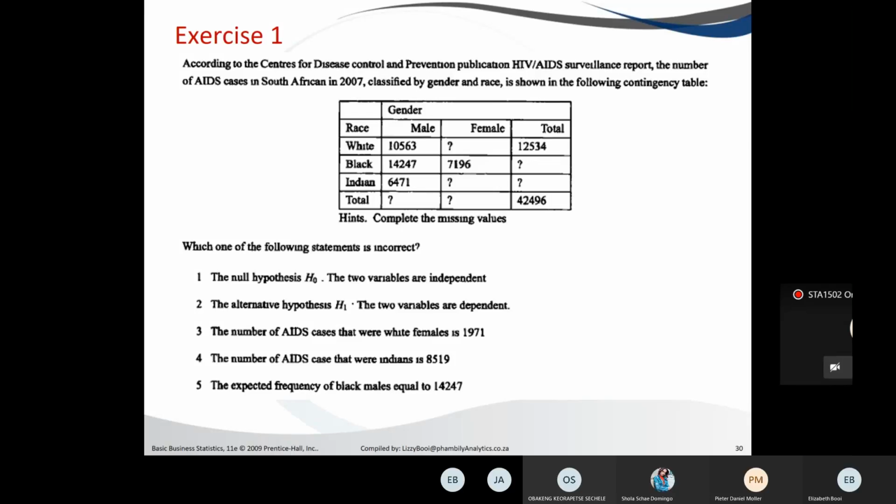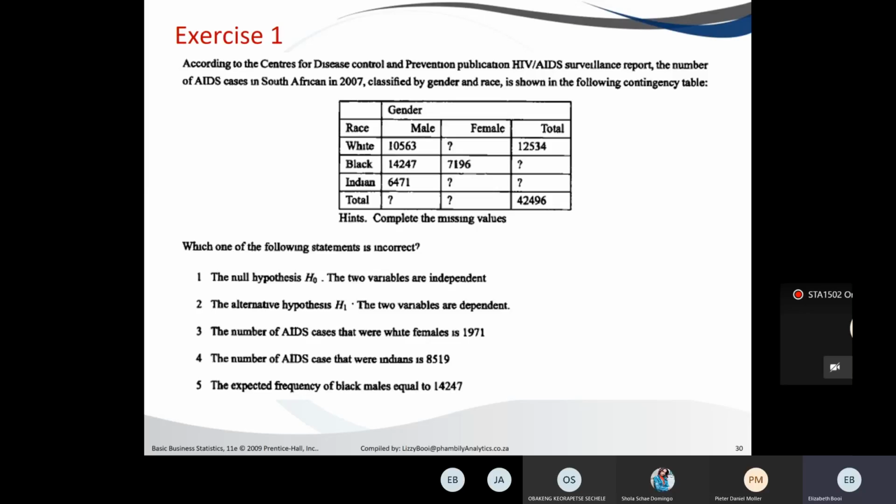If you look at that table, you will notice that there is missing information on that cross table. What they want you to do, to make it easy, is for you to complete the whole table. This is the total. How do you get the number of females?